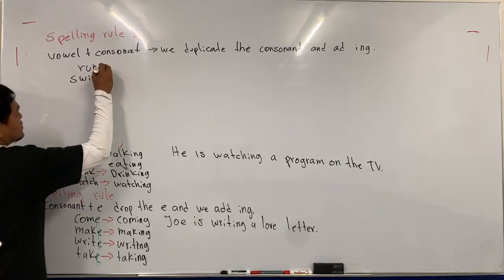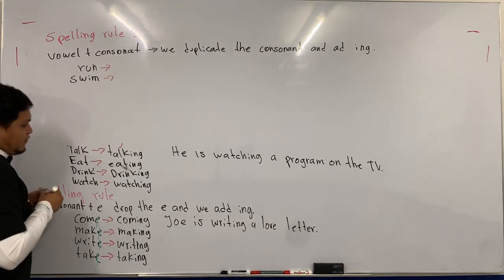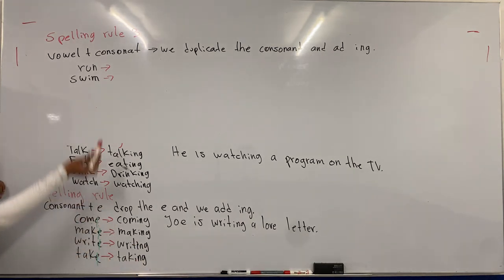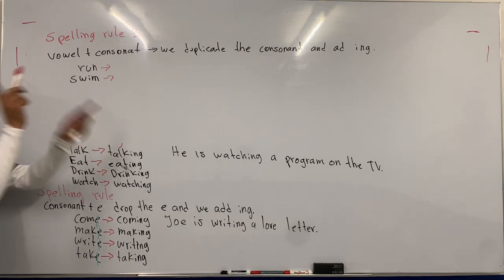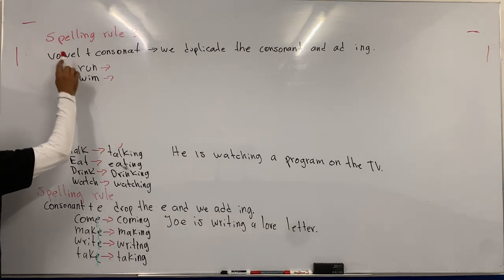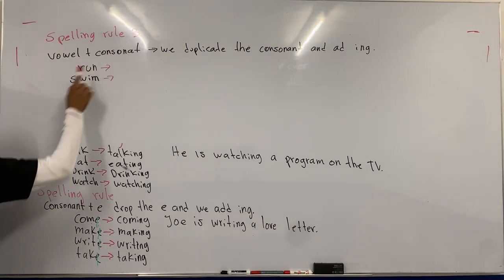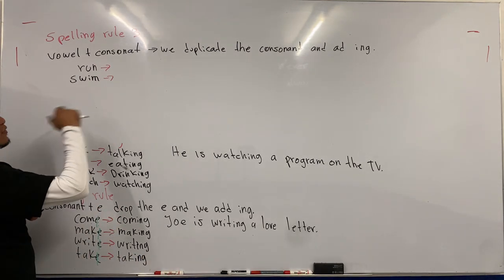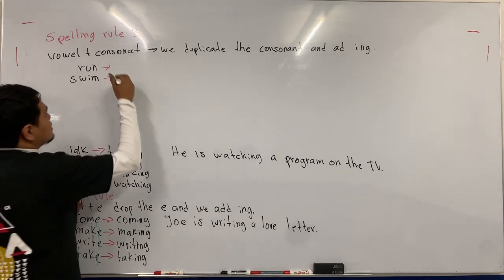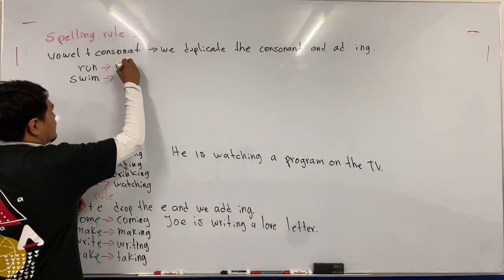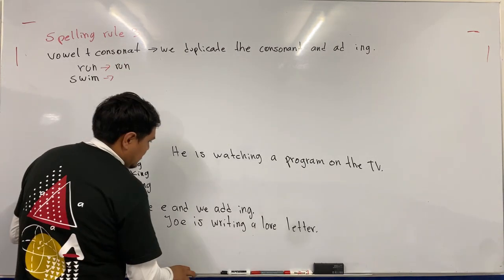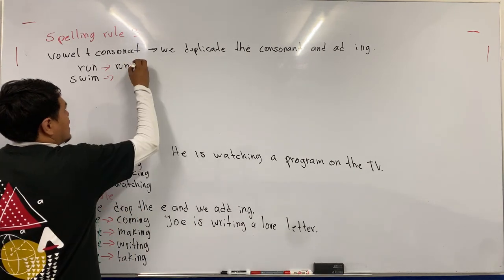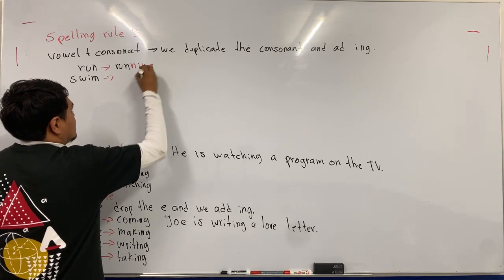The rule says, in that case it is vowel consonant. So we duplicate the consonant, I mean run, duplicate the consonant N again and add ing.